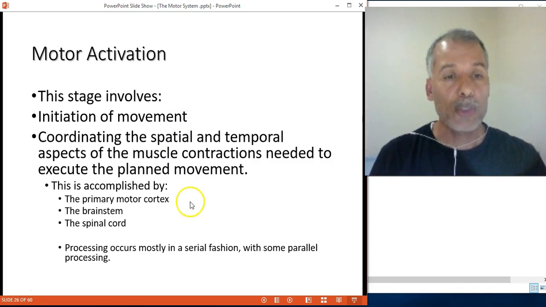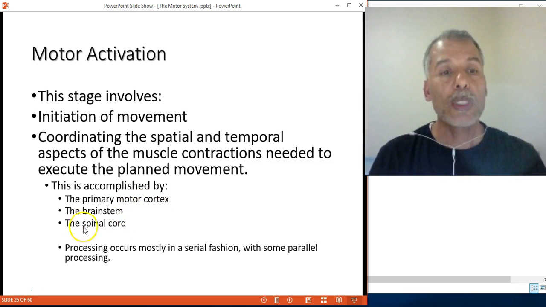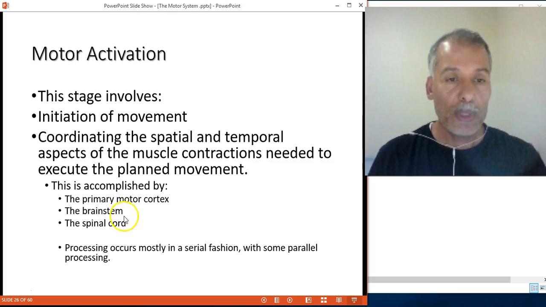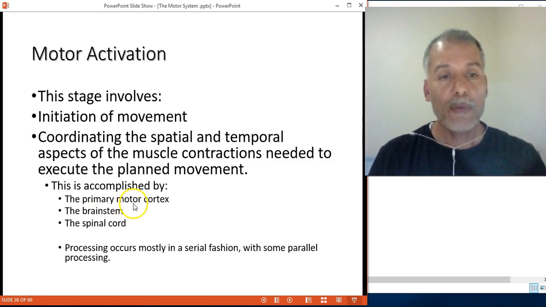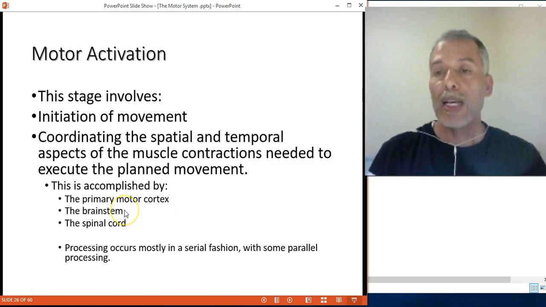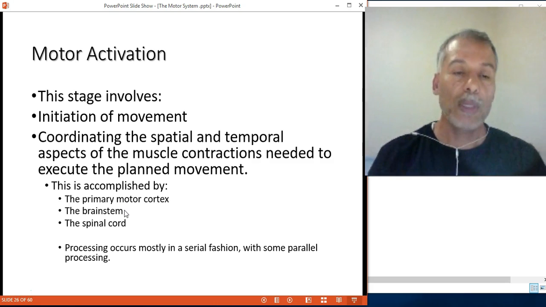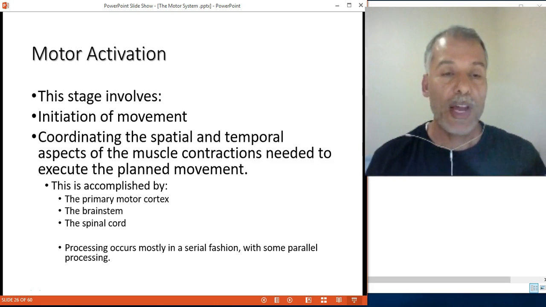So this is accomplished by the primary motor cortex, the brain stem, and the spinal cord. And in between, again, we have to keep in mind that the connection between the primary motor cortex and the brain stem is that pathway, the pyramidal pathway, or the pyramidal tract.